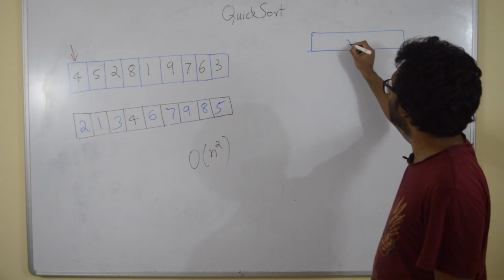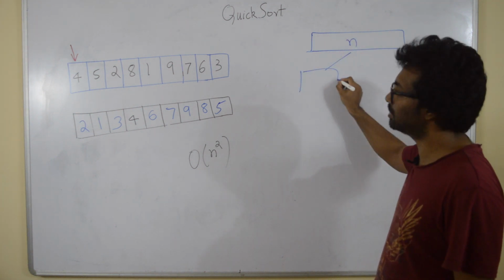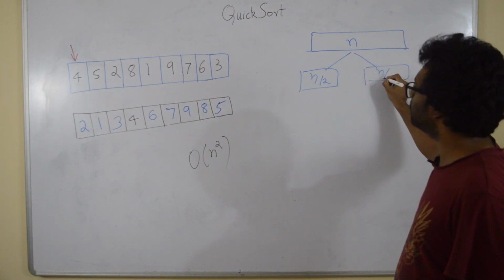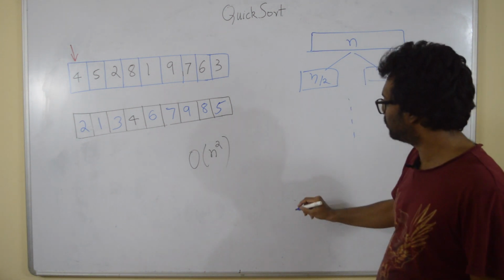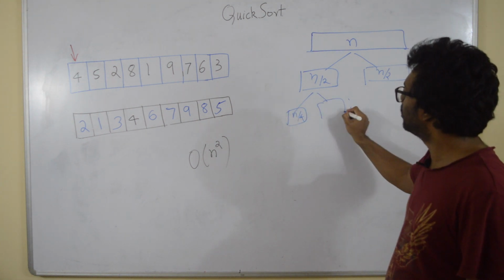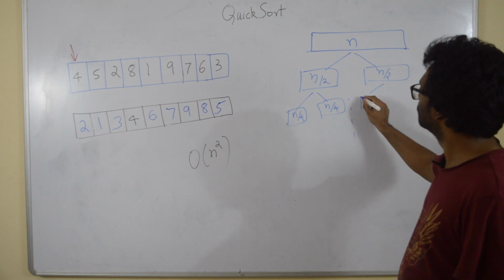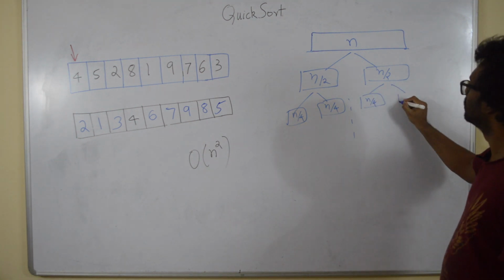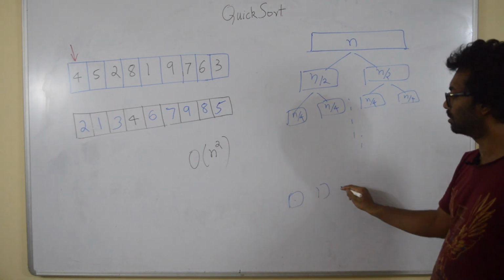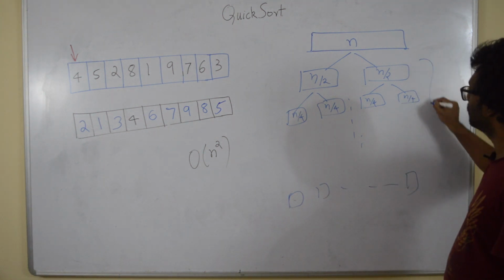So this is n elements, and if the split is equal, this becomes n by 2 and this becomes n by 2, and you come down like this. Finally this is n by 4, this is n by 4, you come down like this. Finally you reach one element here, right? And what is the height?